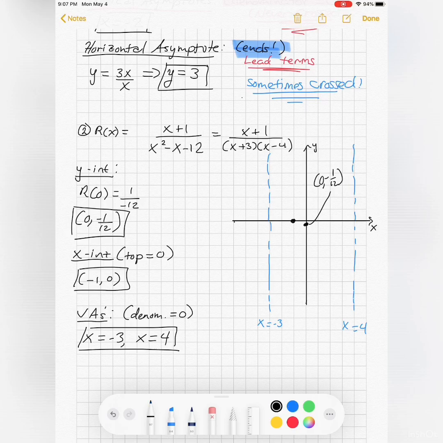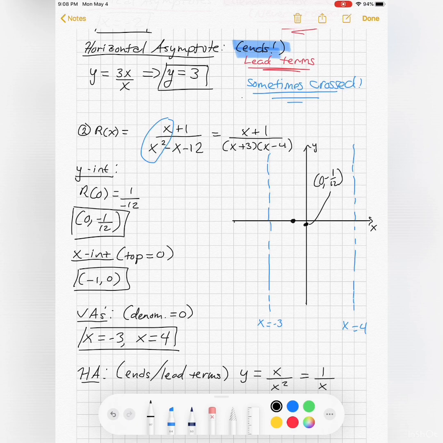Now let me get the horizontal asymptote. So remember, for that, I'm thinking what happens on the ends. I'm looking at the lead terms. Okay, so when I go back up here, here are my lead terms. So on the ends, my graph is going to look like x over x squared.